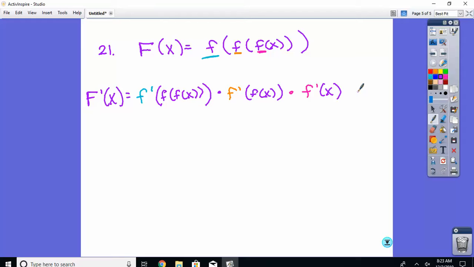If you did the derivative of the inside this time, the derivative of x is just 1. So that's when you know you've gone as far as you can. Now, I asked you to find f prime of 1. So these x's are really 1s now.